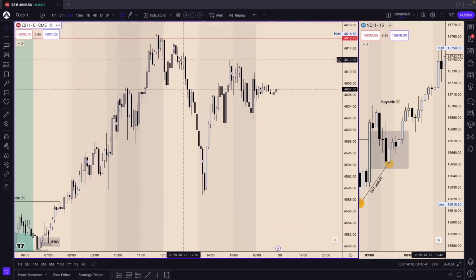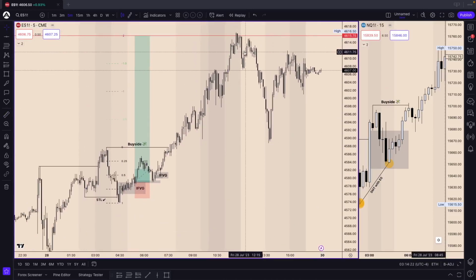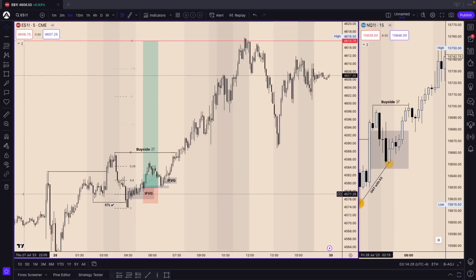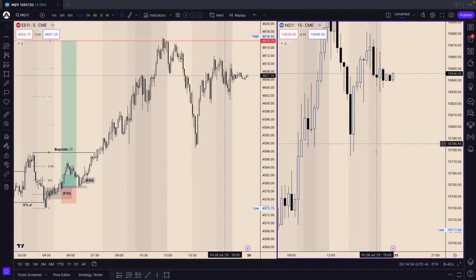Three ticks. High of the day. Market structure shift, bearish value gap, drop back into sell side. Well, if that isn't precise enough for you, there you go. All right, and this is pretty much the SMT divergence concept.